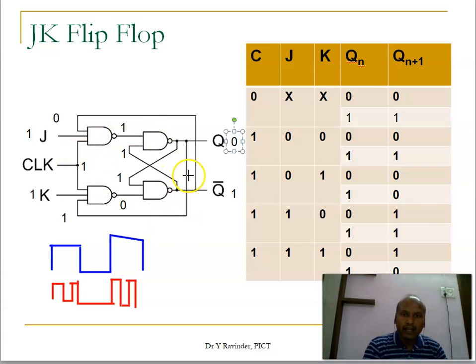So I'll connect another JK flip-flop here, and this clock will be the same, but the clock of the next JK flip-flop will be inverted from this. So when this is 1, the other one is 0, and no change will occur at the output. But when this changes to 0 and that becomes 1, only at that time will it change. So during the transition only it will change. So that we will discuss later.